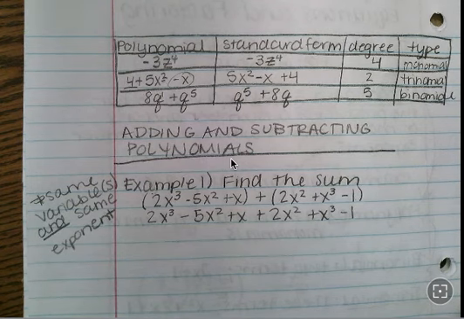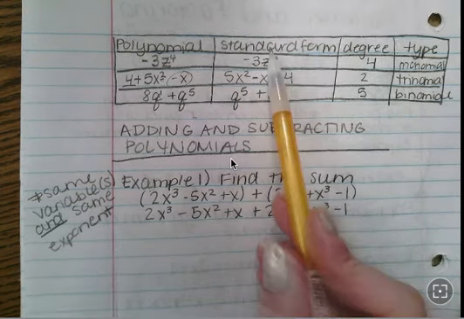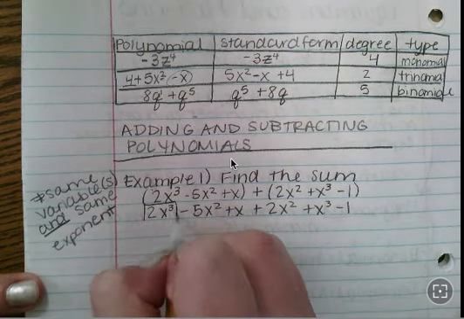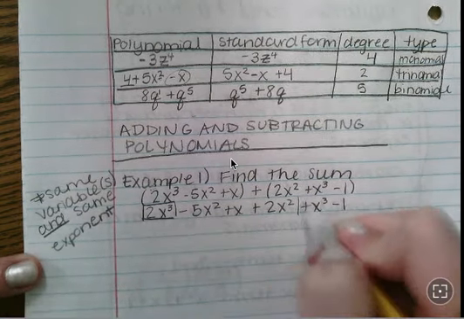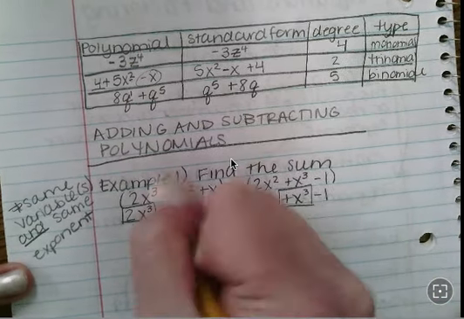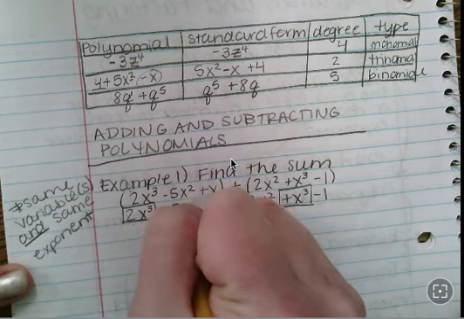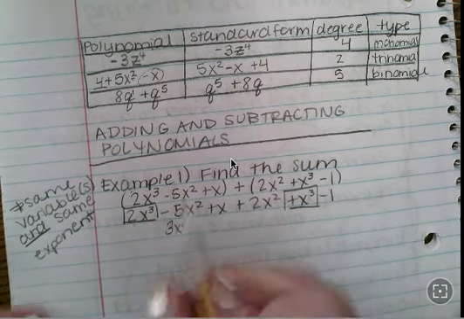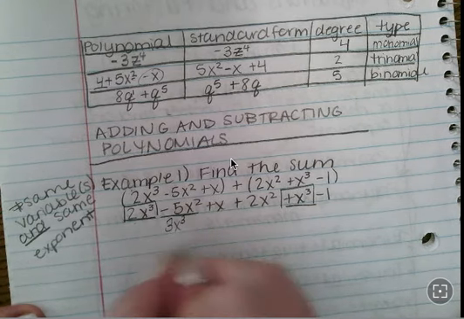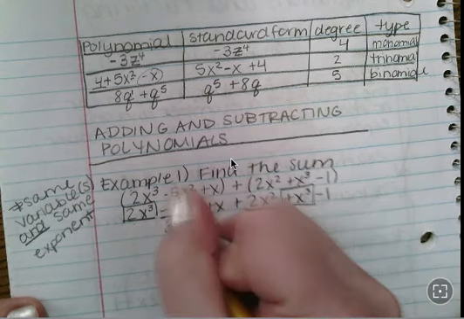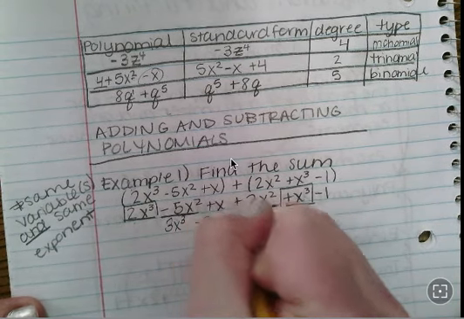You want to write your answer in standard form, so you want to start with the highest power first. If I start with 2x to the third, this is the other x to the third. If I have 2x to the third plus 1x to the third, that gives me a grand total of 3x to the third. If you've got negative 5x squared plus 2x squared, that gives you a negative 3x squared.